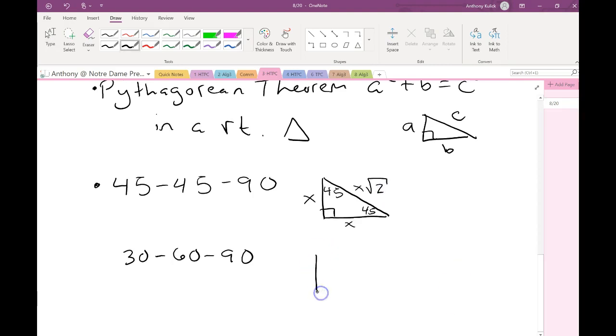A 30, 60, 90 triangle, does anyone remember the ratio of side lengths here? Oh, I still have it on the board. I'll just write them down then. The short side is x, the longer leg is x square root 3, and the hypotenuse is 2x. The way I remember that is that the square root 3 goes right next to the 30.